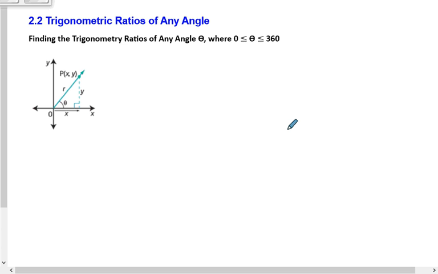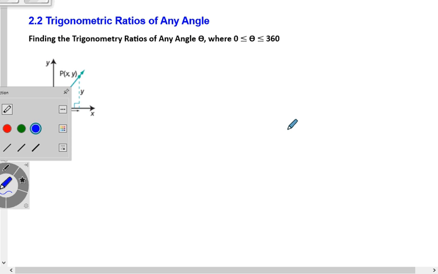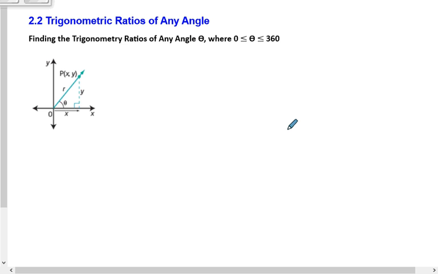So if we look at the diagram that's given, we're given a point x, y, so that's this point right here, okay? Basically the terminal arm is at length x, y. If we wanted to determine the ratio of sine, let's say, we should know that sine equals opposite over hypotenuse.